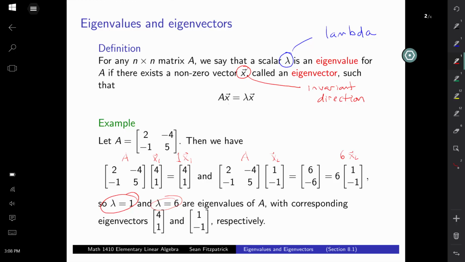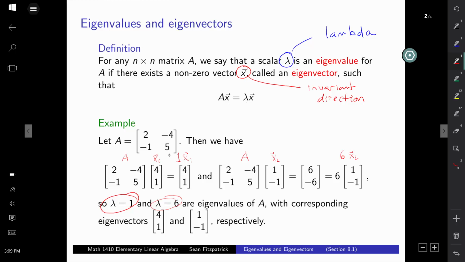Now there are some obvious questions you can ask at this stage. We found 2 eigenvalues. Could there be others? Are these the only ones? Maybe there are more. What about the eigenvectors? The 2 eigenvectors we found, are those the only ones? Could I find other vectors that correspond to lambda equals 1?